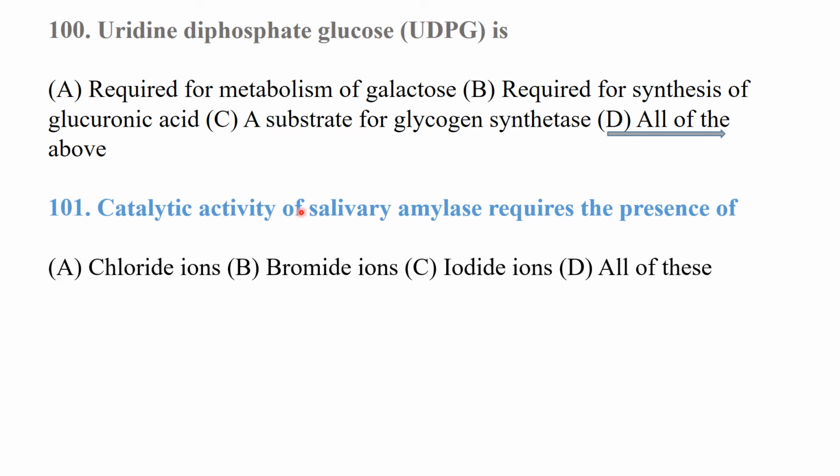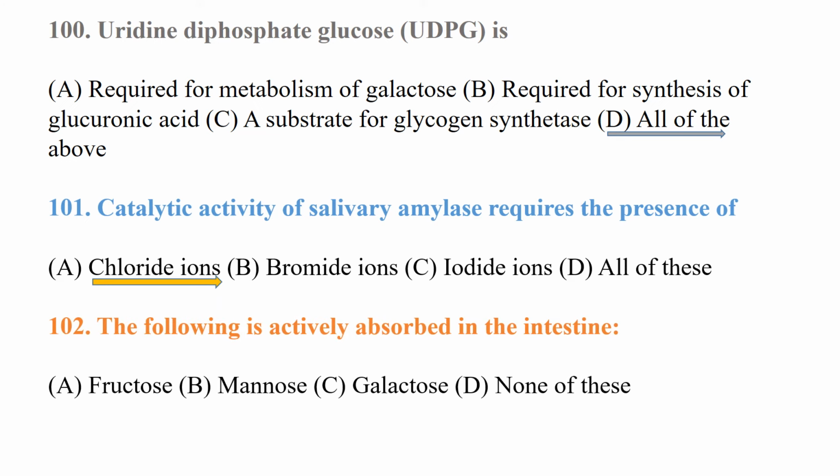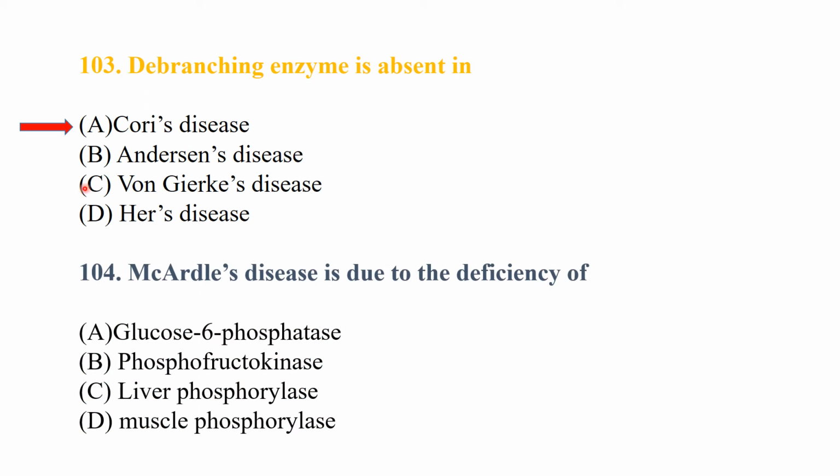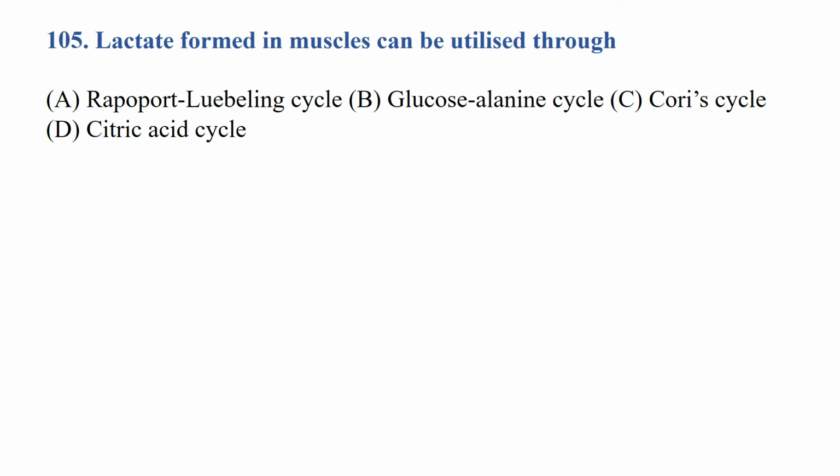Catalytic activity of salivary amylase requires the presence of chloride ions. The following is actively absorbed in the intestine: galactose. Debranching enzyme is absent in Cori's disease. McArdle's disease is due to deficiency of muscle phosphorylase.